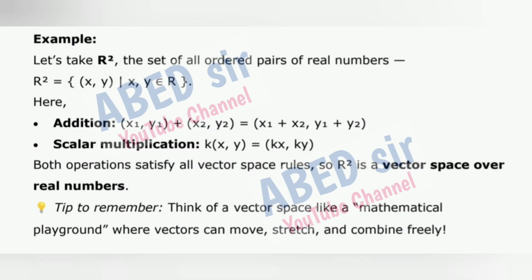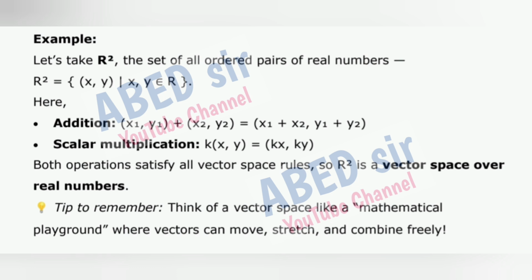Example: let's take R², the set of all ordered pairs of real numbers. R² = {(x, y) | x, y ∈ R}. Here, addition: (x, y) + (x', y') = (x + x', y + y').